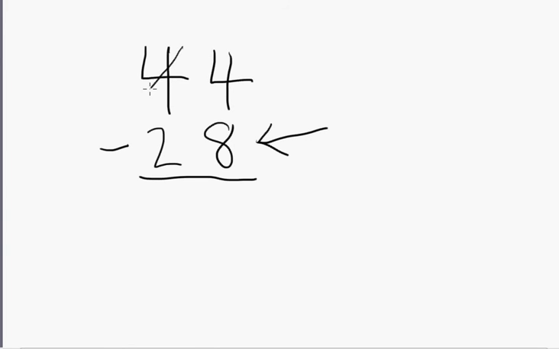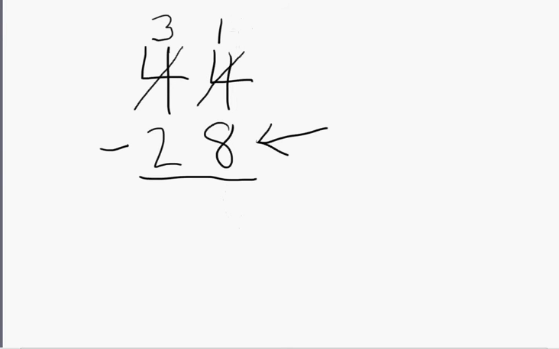So we borrow a 10, so the 4 becomes a 3. And then how many do we add? Anytime that we borrow, we always add, you got it, 10. So it's no longer 4, it's 4 plus 10, so it would be 14 ones, because we took a 10. So now we have 14 minus 8. 8 is 2 away from 10, so then we have 4 more, so it would be 6. Then 3 minus 2 equals 1.